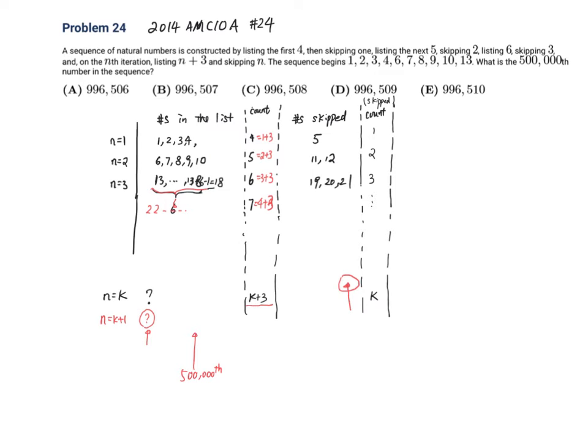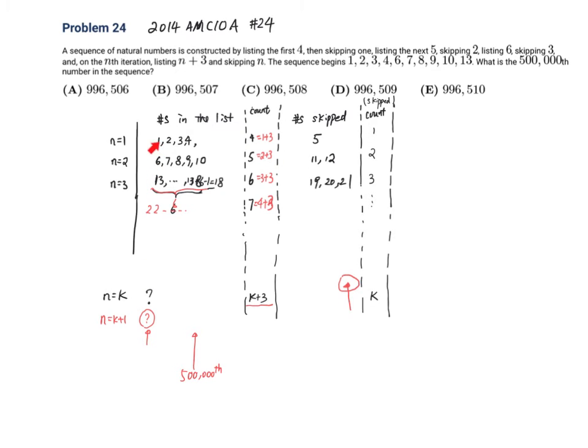So suppose that we have the kth block filled completely, and the 500,000th number is in the next block, which is the k plus first block. If we are able to figure out what this number is, then we just need to do a little subtraction, and then we can figure out the 500,000th number.